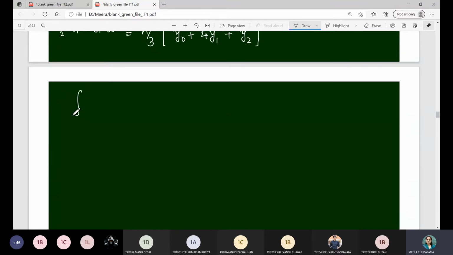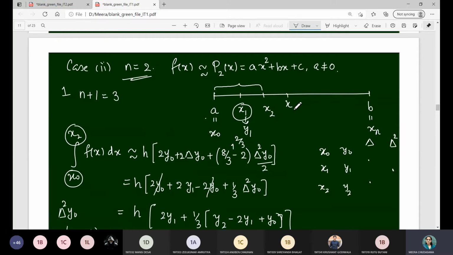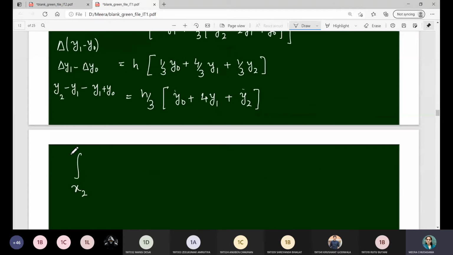So when I consider the next subinterval, again I have to consider n is equal to 2. So in this case, our next subinterval will be x3 and x4. So n is equal to 2, so I have to consider a subinterval of length 2. Therefore x2 to x4. So when I evaluate x2 to x4, the function will be approximated from the numerical quadrature formula as h by 3, which will remain constant.